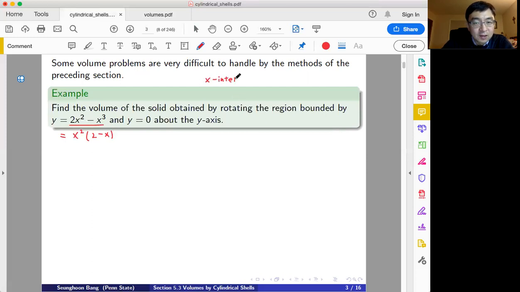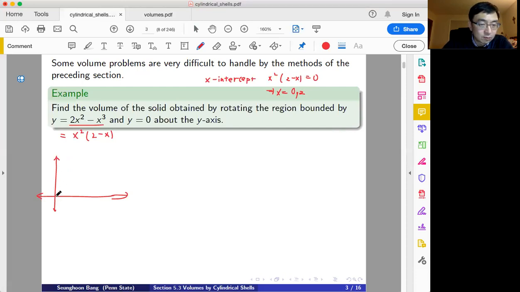How can you find the x-intercept? The x-intercept is where x squared (2 minus x) equals 0. You plug 0 into y, so the x values are 0 and 2. We have 2 points. What does the graph look like? The graph is like this.